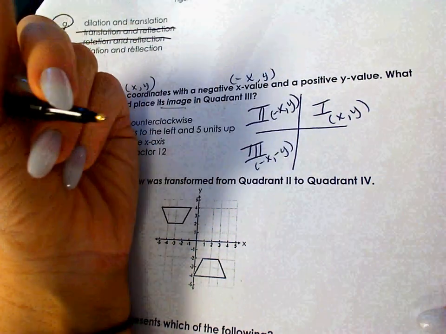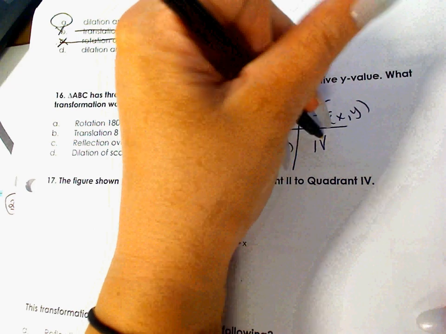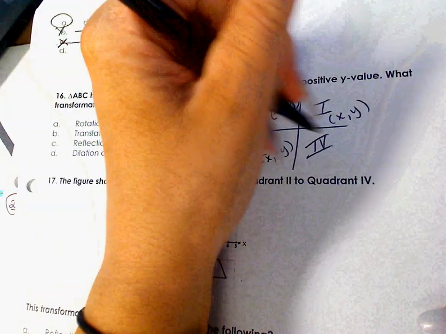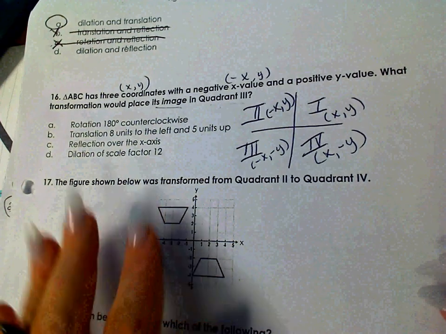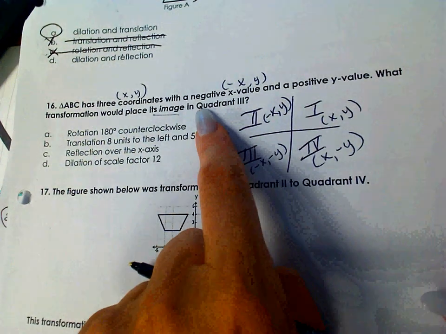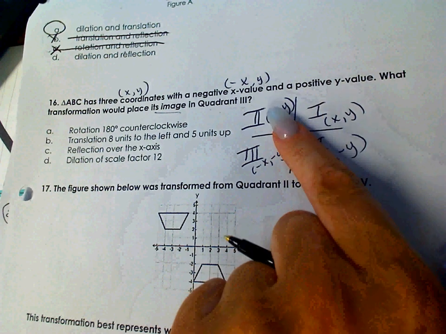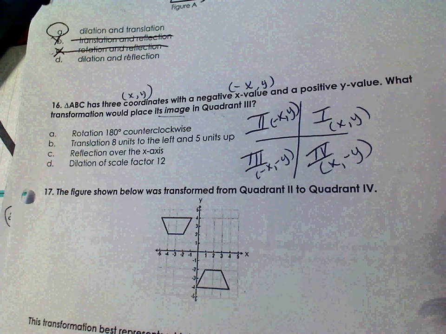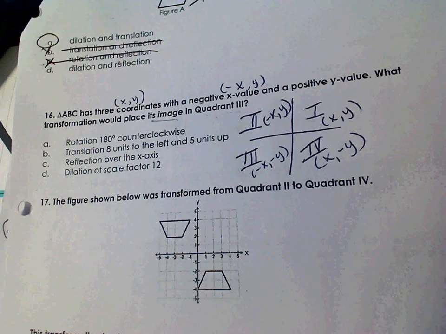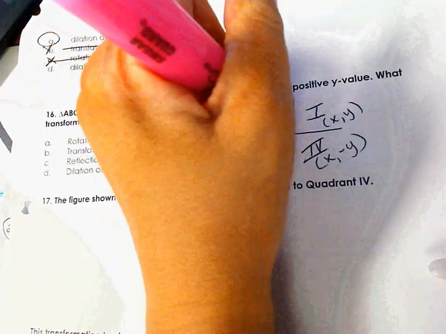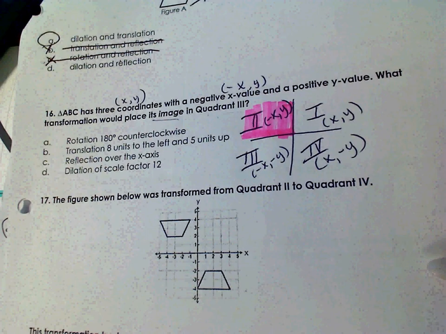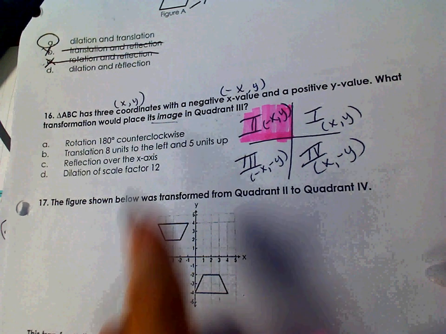And quadrant 4, where x is positive and y is negative. So right now, we have a negative x value and a positive y value. So that means that our triangle ABC is somewhere in quadrant 2 right now, because it says it has a negative x value and a positive y value.